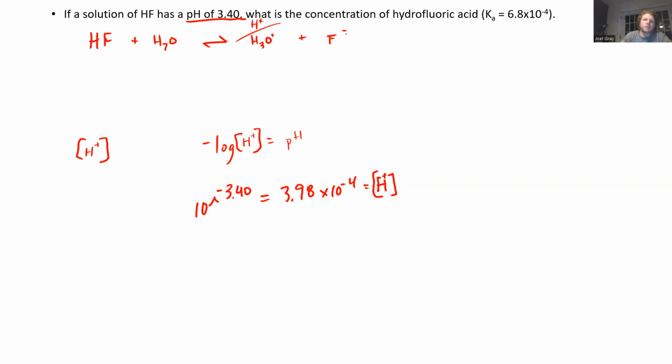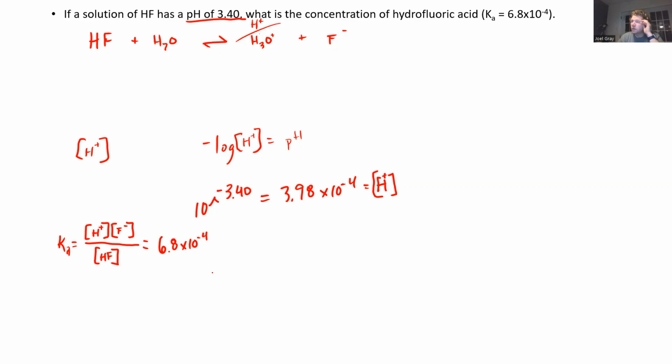Well, the way that we're going to do that is we're going to kind of work backwards a little bit, because we know that we have a weak acid with an equilibrium expression of K sub A. K sub A is going to be equal to our hydrogen ion concentration times our fluoride concentration divided by HF.